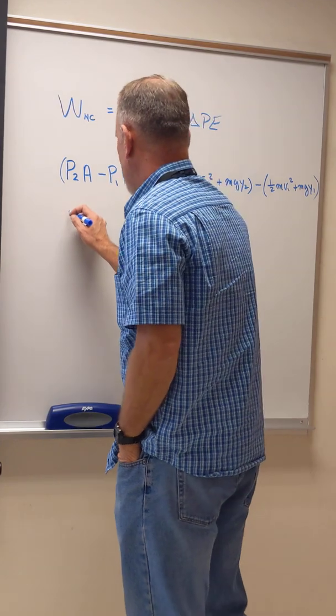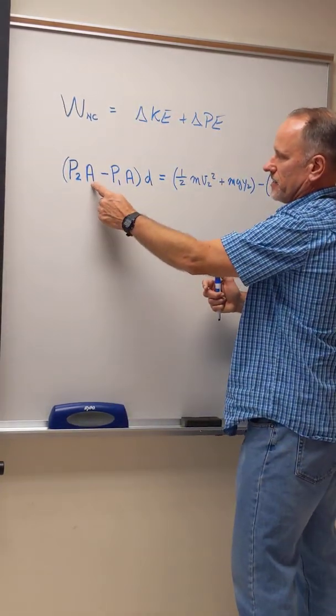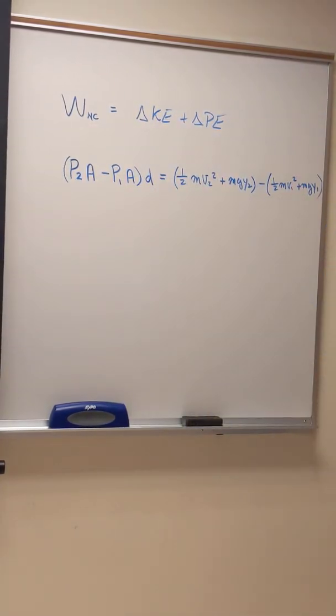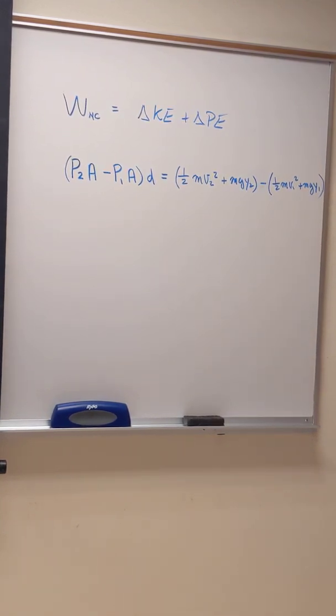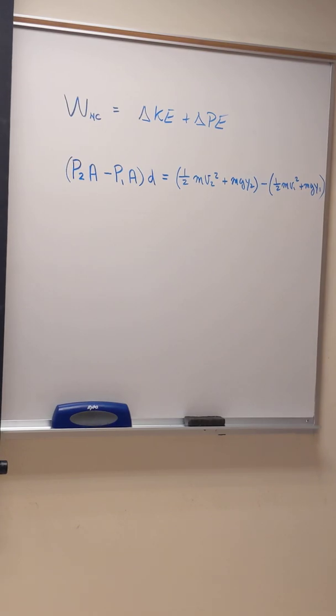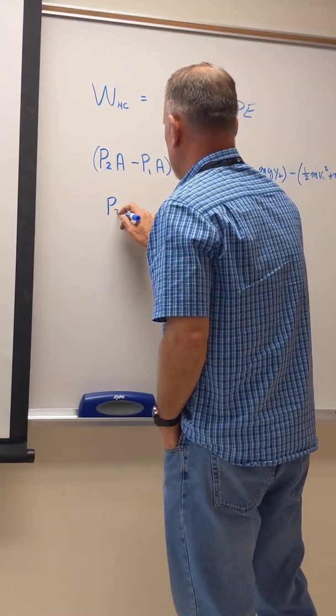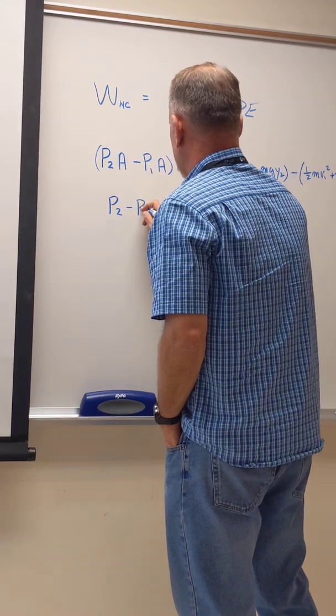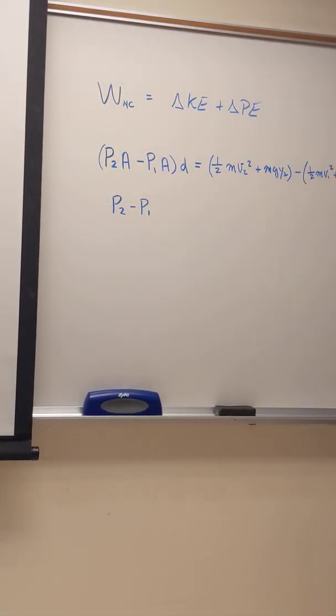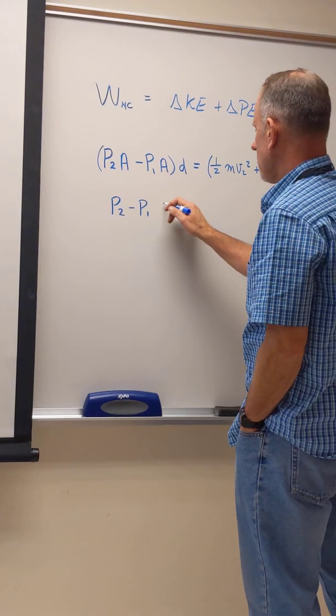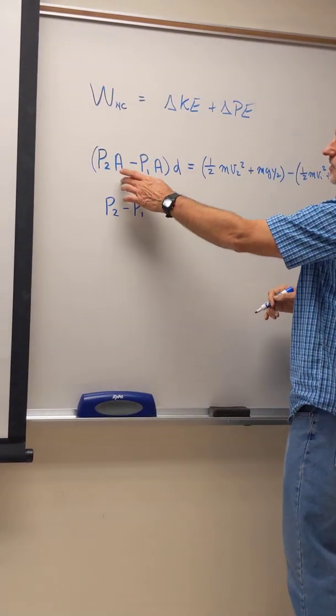Now, if I think about A times D, what is that in general? Area times length. Volume, okay? So if I divide both sides of this thing by the volume of the water that I'm thinking about, it will disappear over here.